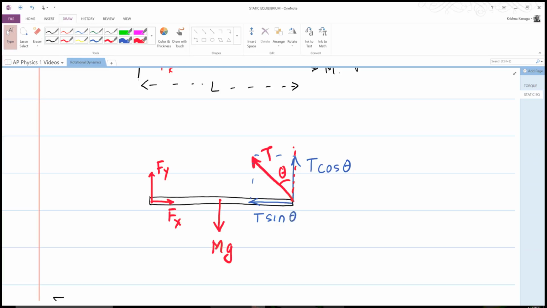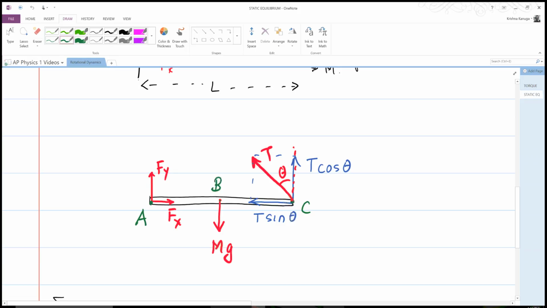So in this case, let's say this is point A, I'm going to call the center of mass point B, and the other end point C. If I were to take torques about point A, you notice that Fx, Fy, and T sine theta all give us 0 torques. If I were to take torques about B, I would still have to worry about Fy.